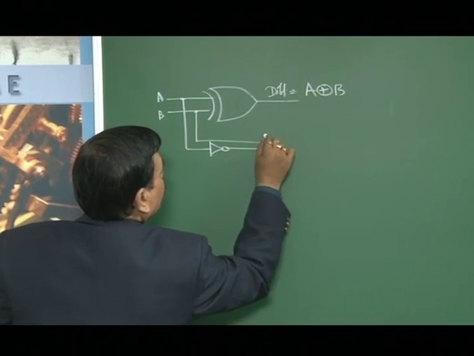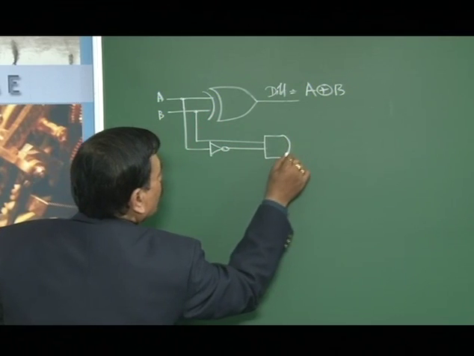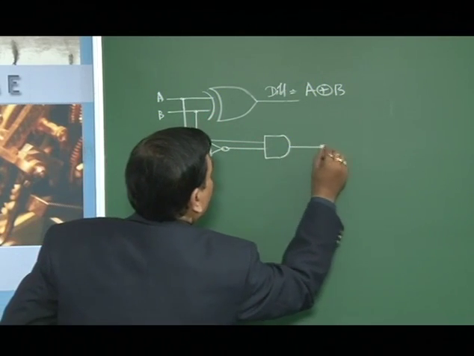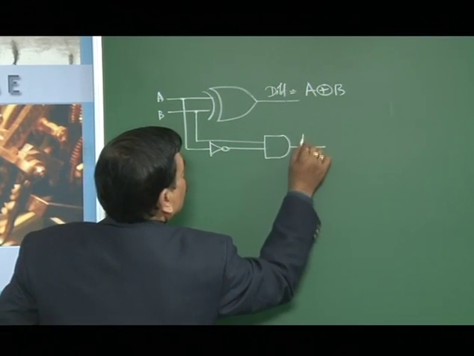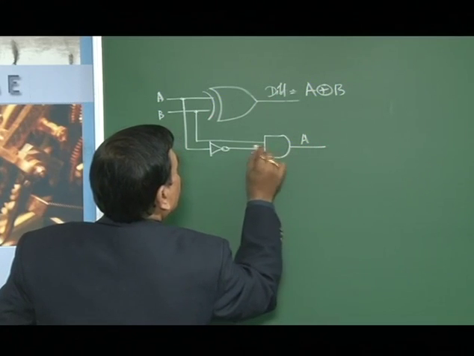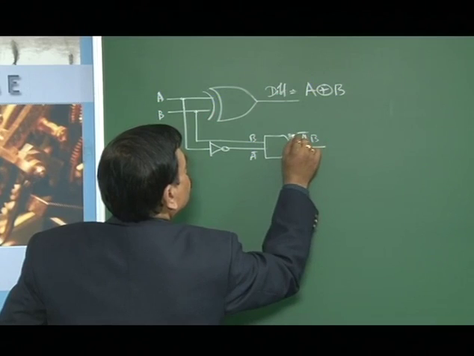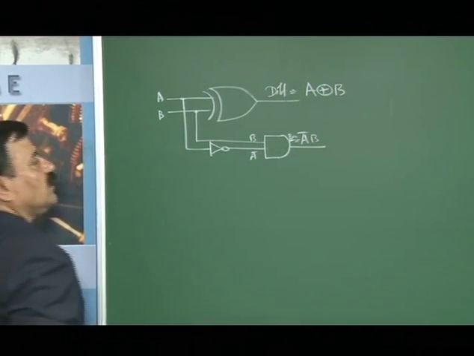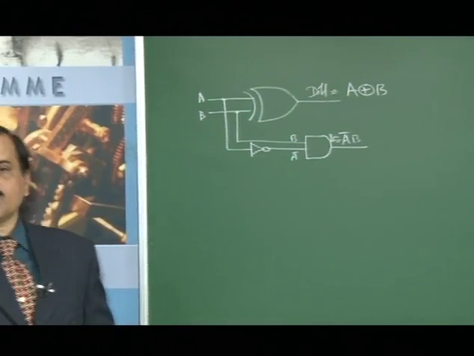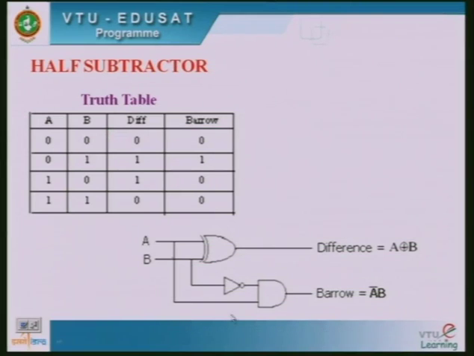An AND gate must be put after this NOT gate, and here we have A bar and B, so A bar B is the borrow value. We are able to do it like this; small changes should be made to make it proper.